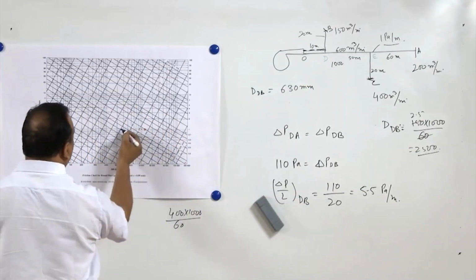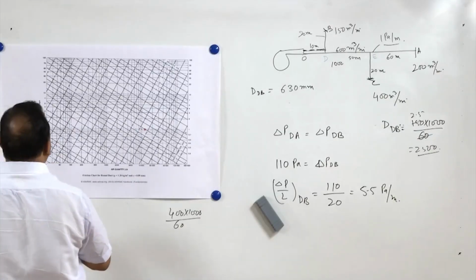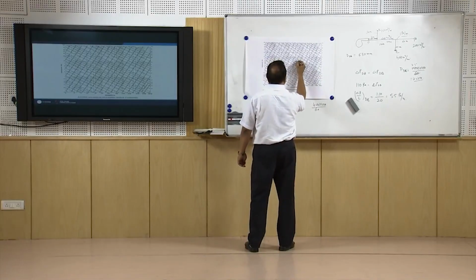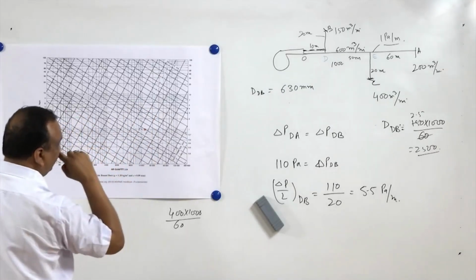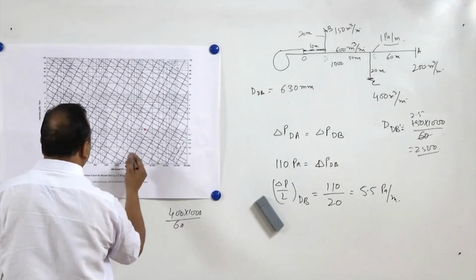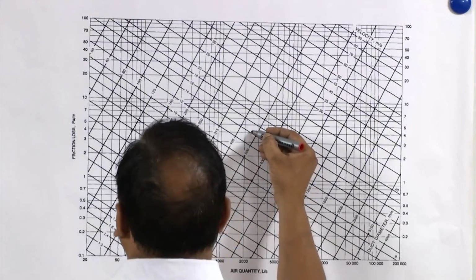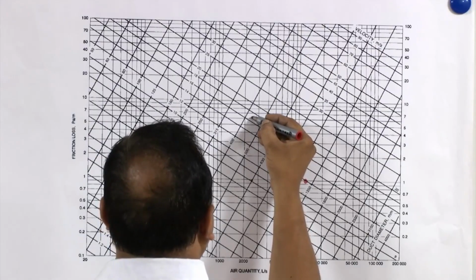So instead of coming here, again we will have to go up to 5.5. It will be somewhere at the discharge. What was the discharge? 2500. So it is going to be 5.5, somewhere here.